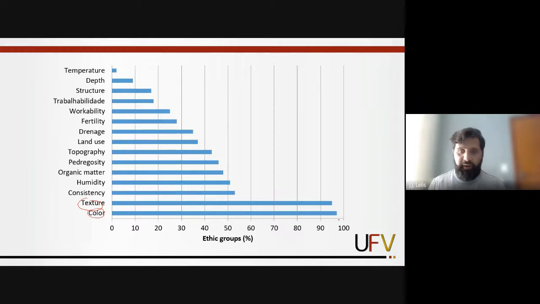You can see almost 100% of the groups that classify soil use texture and color to describe soil in the field. And why do they use that? Because it's very easy to describe texture and color in the field. It's very easy and very useful to us to describe because they influence the water, the water resistance, the penetration of roots, and several other properties.